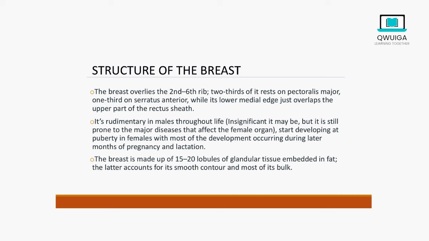This is the point when the breast becomes functionally active. The breast is made up of 15 to 20 lobules of glandular tissue, which are embedded in fat, with the fat accounting for its smooth contour and most of its bulk.